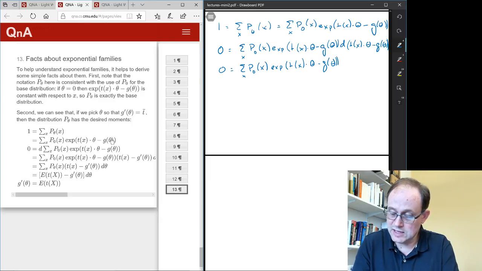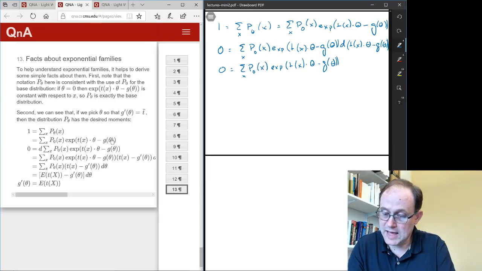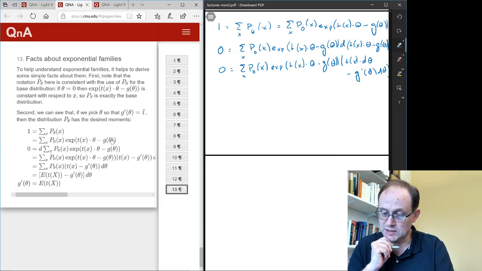And then the derivative of that inner thing is t of x dot d theta minus g prime of theta d theta. Here g prime is a row vector and d theta is a column vector, so their product is essentially a dot product as well.